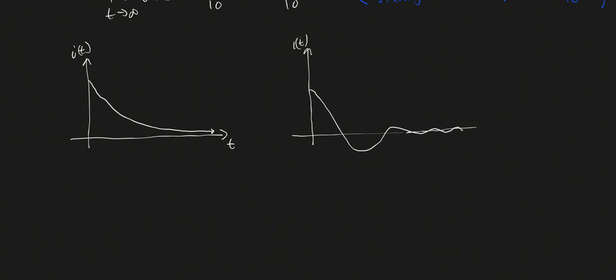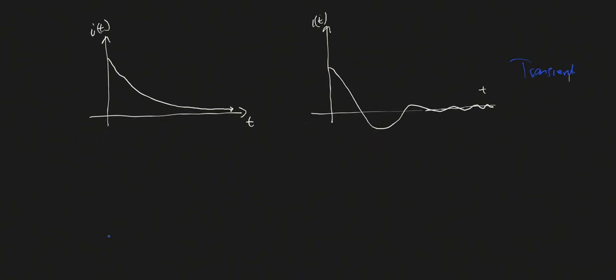Both of these, as far as plotting the current versus time, represent responses that are transient. But they decay in different ways. This one oscillates, but the amplitude decays over time.